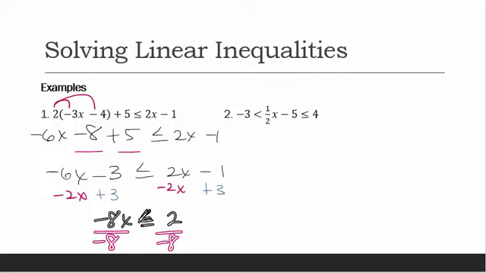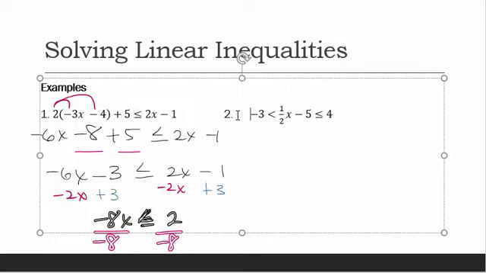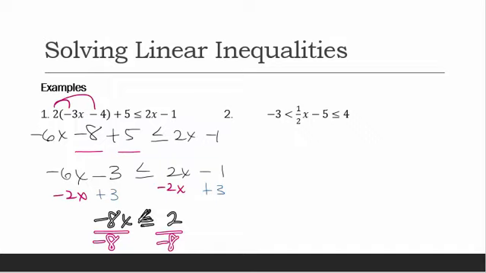So this next example, number 2, is a compound inequality, more specifically a conjunction, because it's all written together. But we can solve it all together if you would like. So the first thing I would do is to add 5 to each part. And we get 2 is less than 1/2 x is less than or equal to 9.